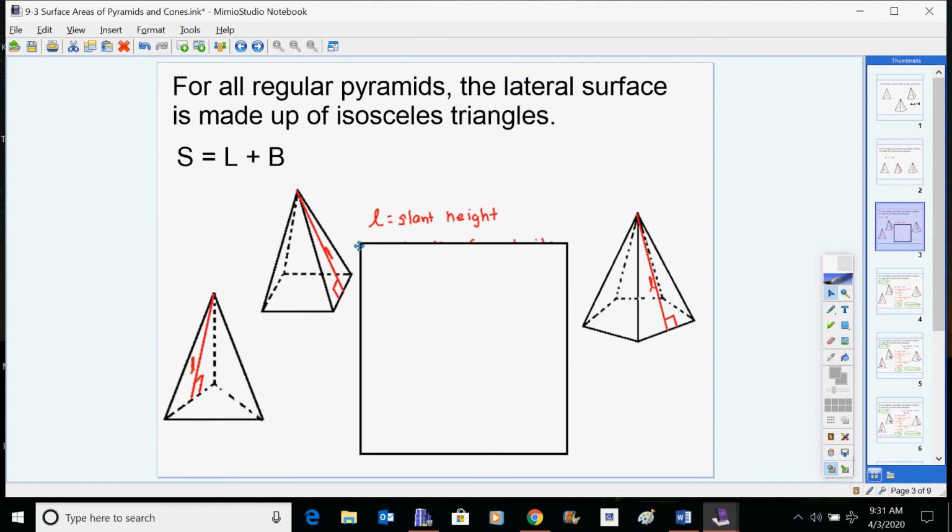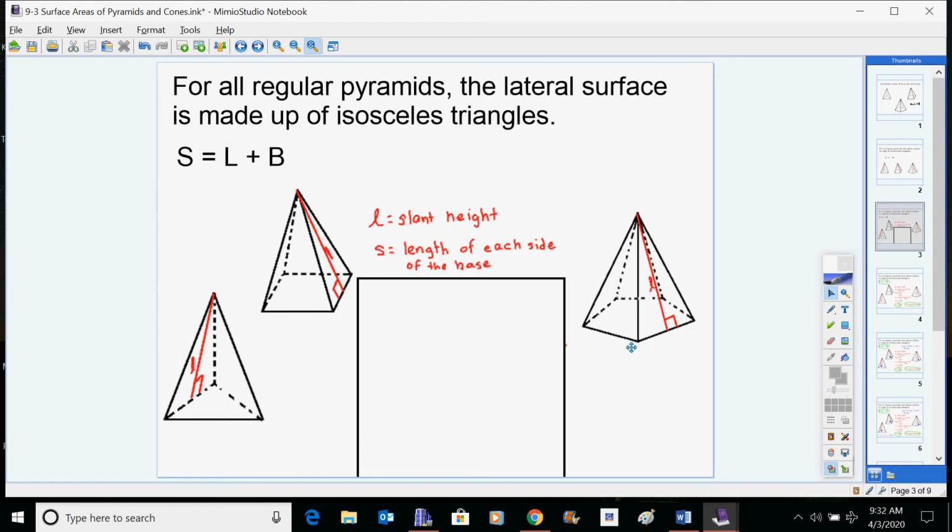Those are called the slant height. You're not measuring right along one of the edges. You're measuring that line that goes right through the middle of the triangle on the side. The slant height is important because it is the height of one of the triangles that makes up the sides of this pyramid.